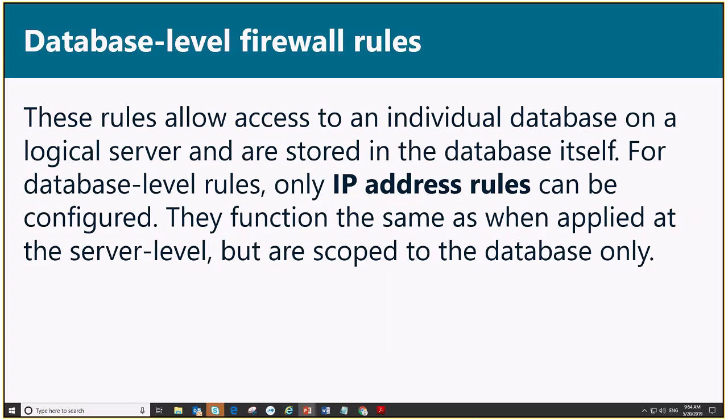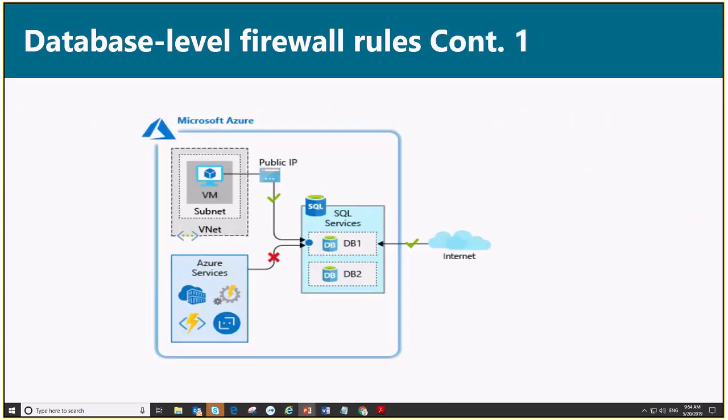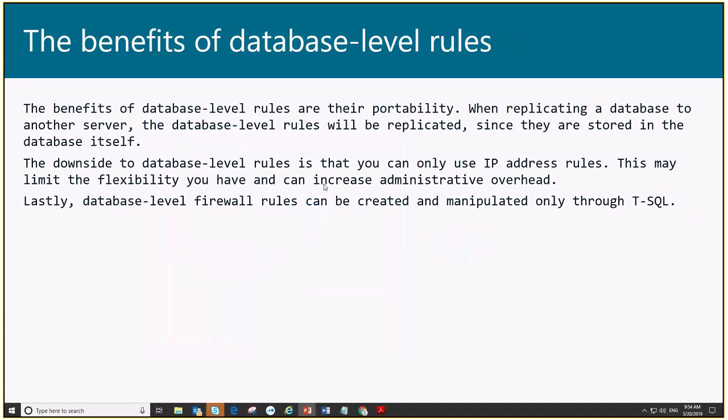The next level is that you have to have access to a specific database, and that specific database is going to be governed by only an IP address rule. So you have to configure the IP address rule to make sure that particular client can connect to that database server on the cloud. So database level is using public IP.